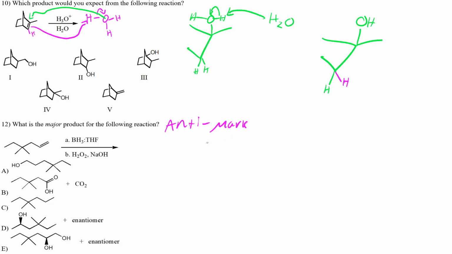So anti-Mark, what does that mean for you? Well, it means that over here we have an implied hydrogen, and we have 2 hydrogens right there. So normally for a Markovnikov reaction, your hydrogen should go over here because it has more of its buddies, right? But in an anti-Mark, the boron is actually attracted to this region, okay?